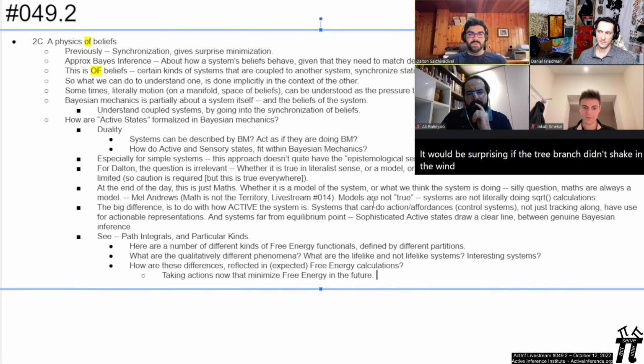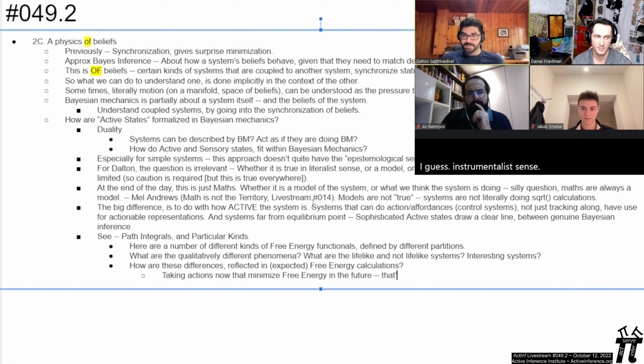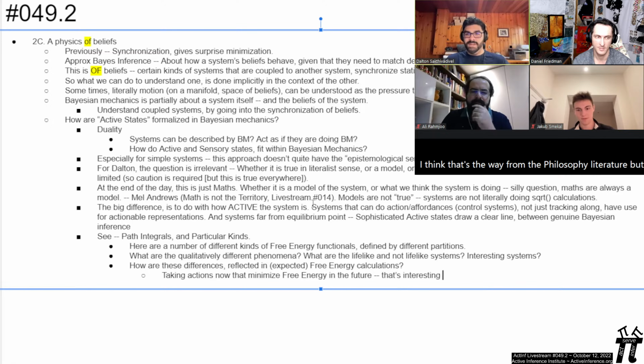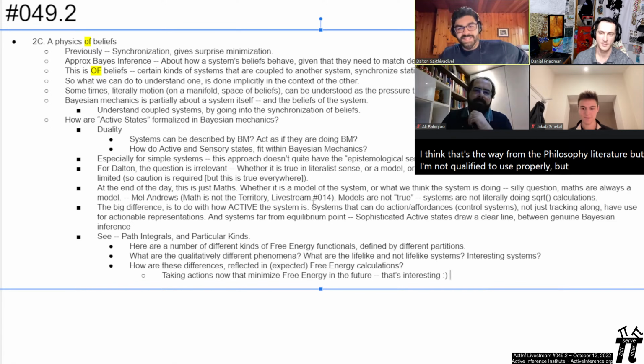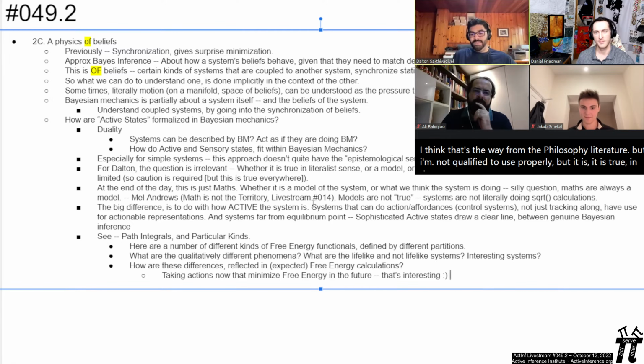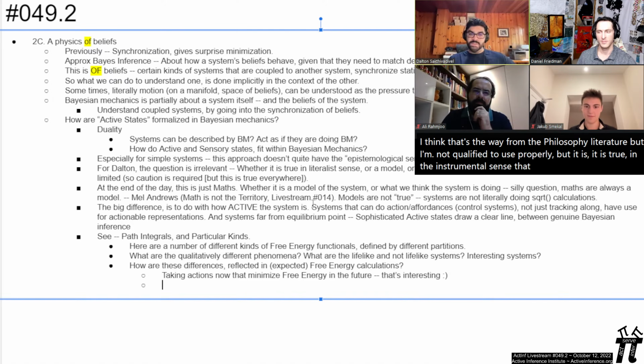But to say that the tree branch is doing Bayesian inference over its environment is only true in this, I guess, instrumentalist sense. I don't know if that's actually the right word for it. I think that's a word from the philosophy literature that I'm not qualified to use properly. But it is true in the instrumental sense that it is an instrument that we can use to describe the dynamics of the system.